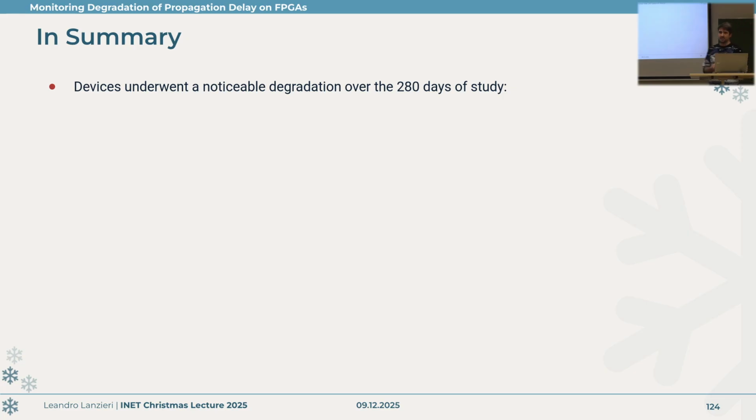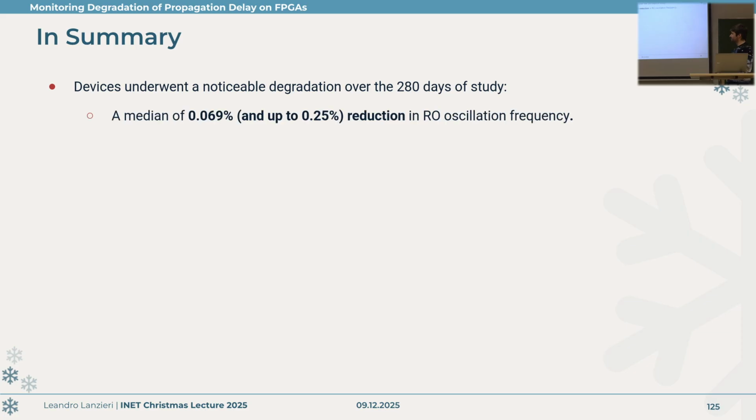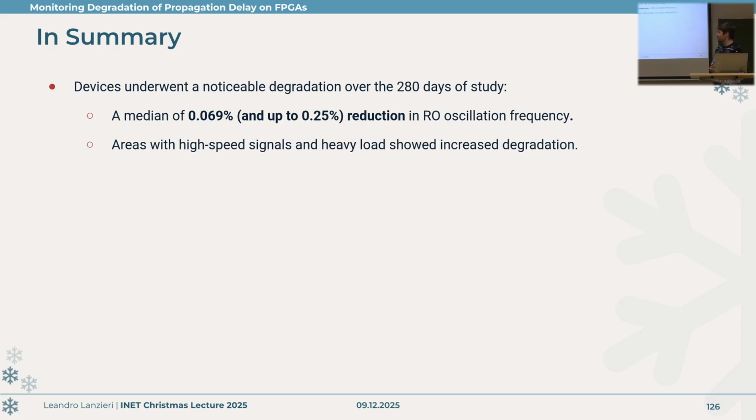And in summary, we actually observed aging during these 280 days of monitoring. We observed the areas that have more degradation are also correlated to areas of high usage and high frequency switching during operation.